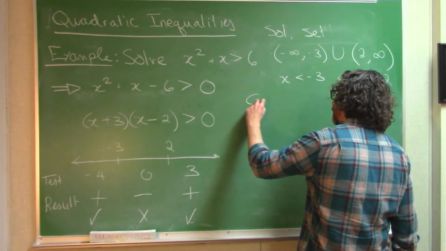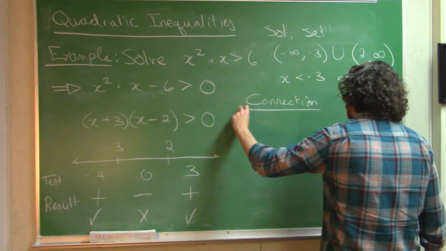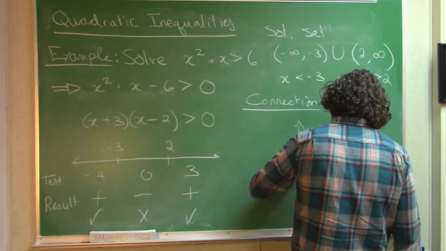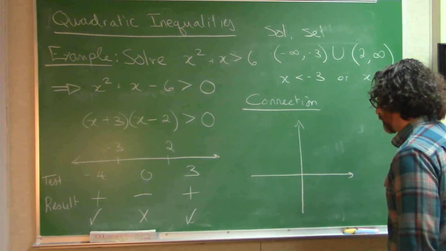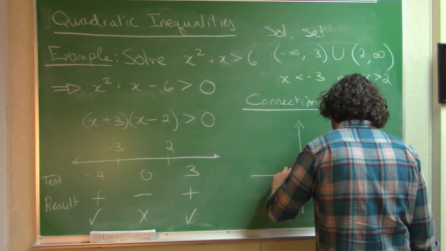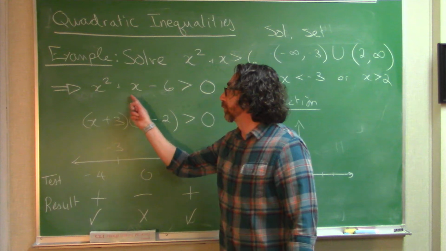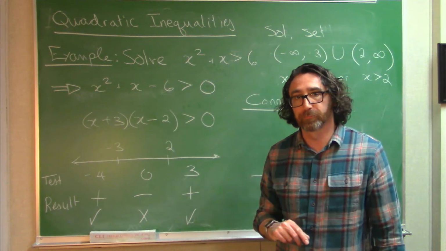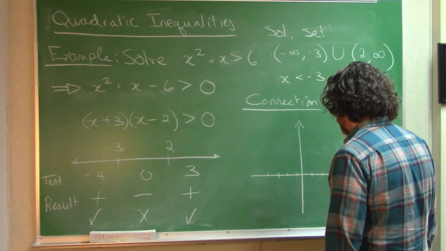We'll do a quick connection with graphing. If I were to draw a very quick plot of x squared plus x minus 6, well, I know where that expression is 0.